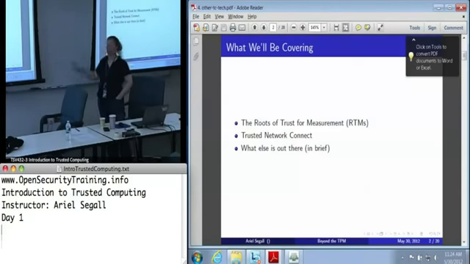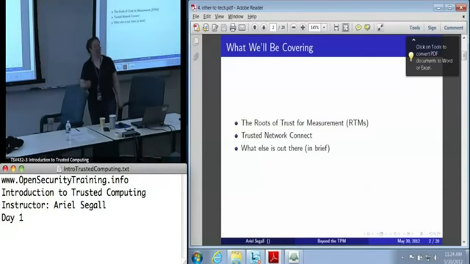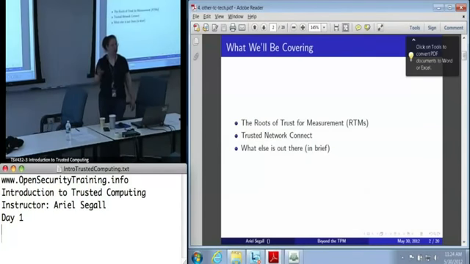So what we will be covering here is the roots of trust for measurement, a phrase that keeps cropping up and cropping up. We're going to tell you what they are and how they work, because these are really important. We're also going to talk a little bit about Trusted Network Connect, because it is probably the best known of the trusted computing applications out there.